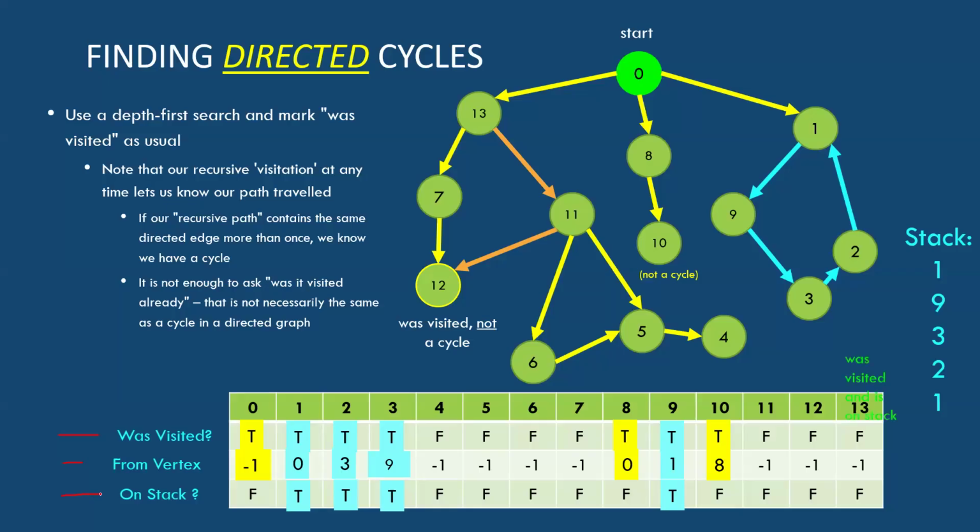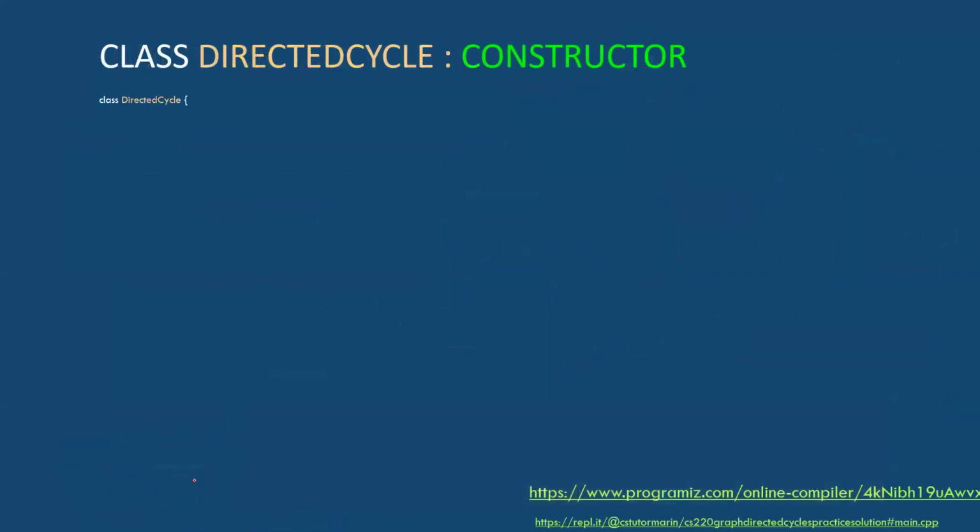This is already visited, and it's on the stack. So if it was visited and it's on the stack, boom, we know by definition we have a cycle. This is the extra piece of information that allows us to do that test. We can't do it with just was visited alone.